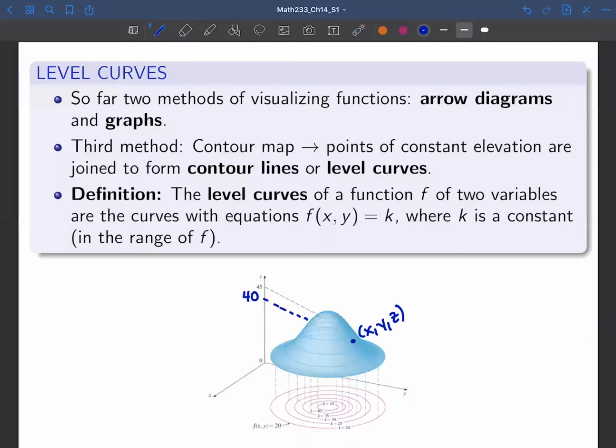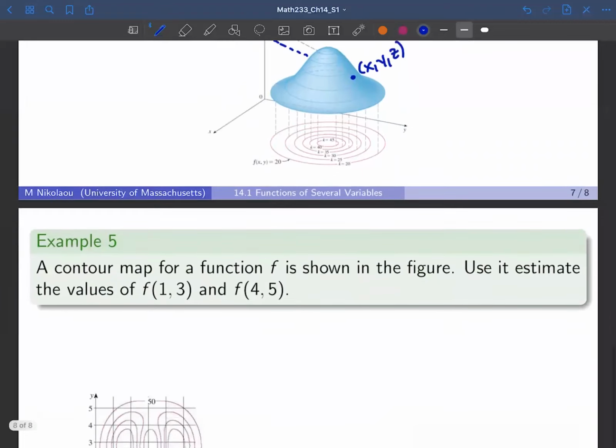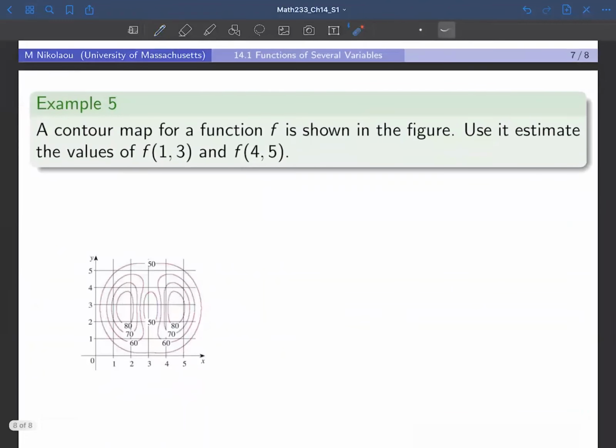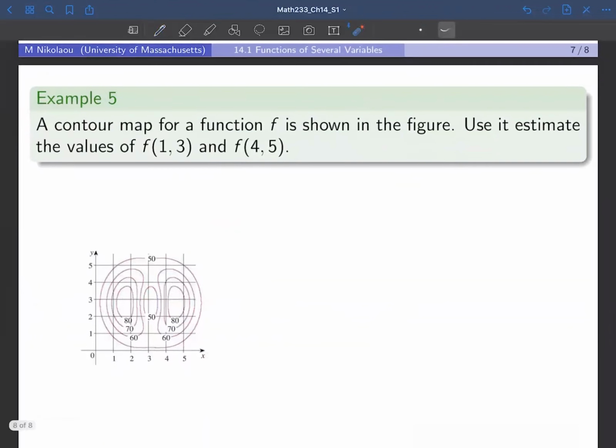One simple example to visualize that is through a contour map. So suppose, for example, that we have the contour map of this function f. So this is the contour map that we have. And we are asked to estimate the values of f of 1, 3 and f of 4, 5.